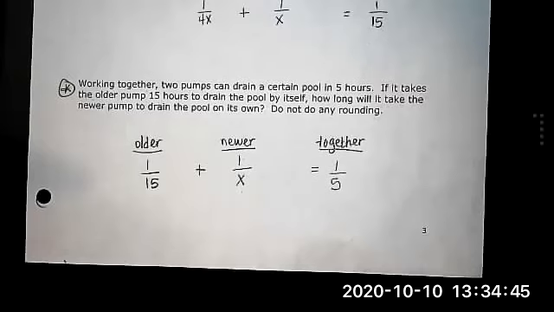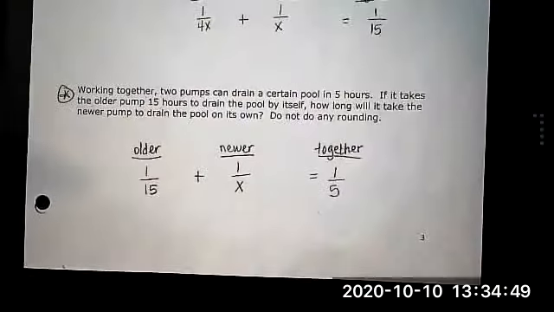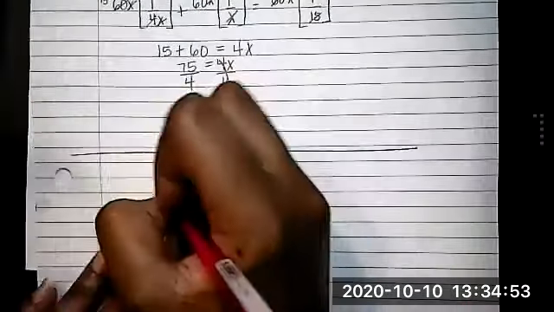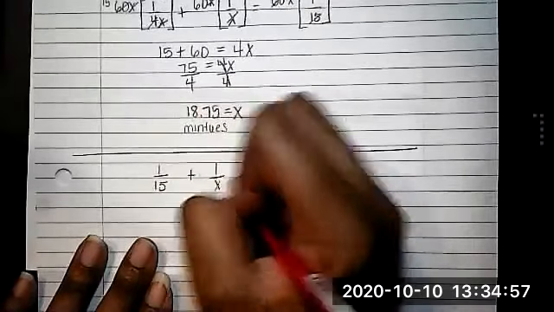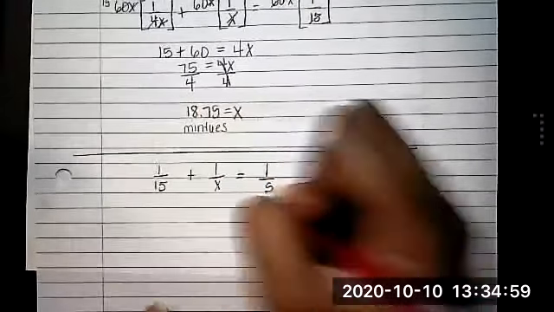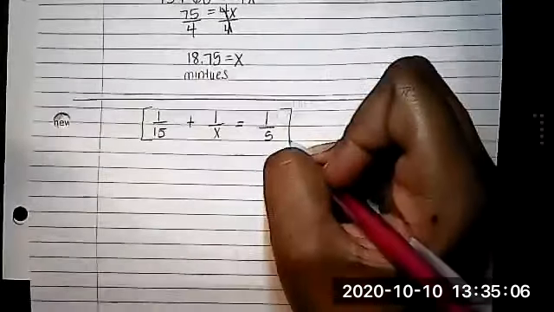So let's write down the next problem. So now we have 1/15 plus 1/x equals 1/5. That's what we have there. And we're going to solve. What is our common denominator?